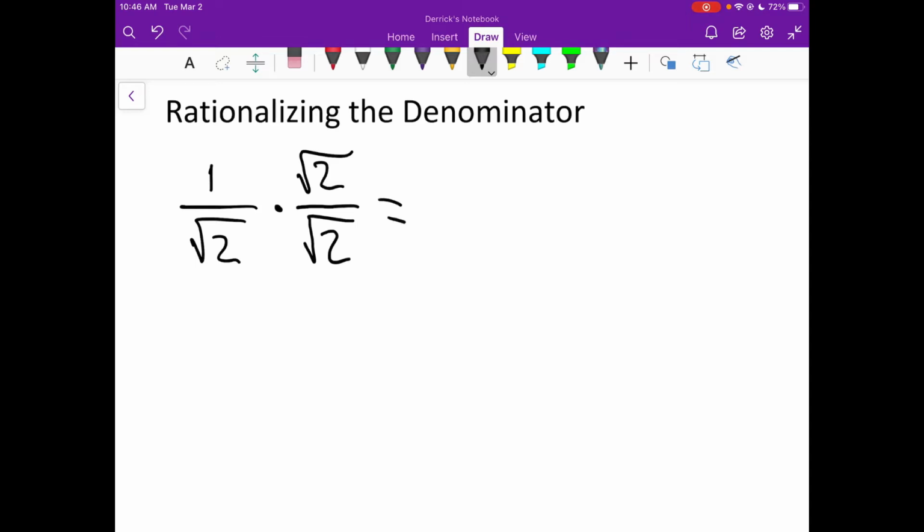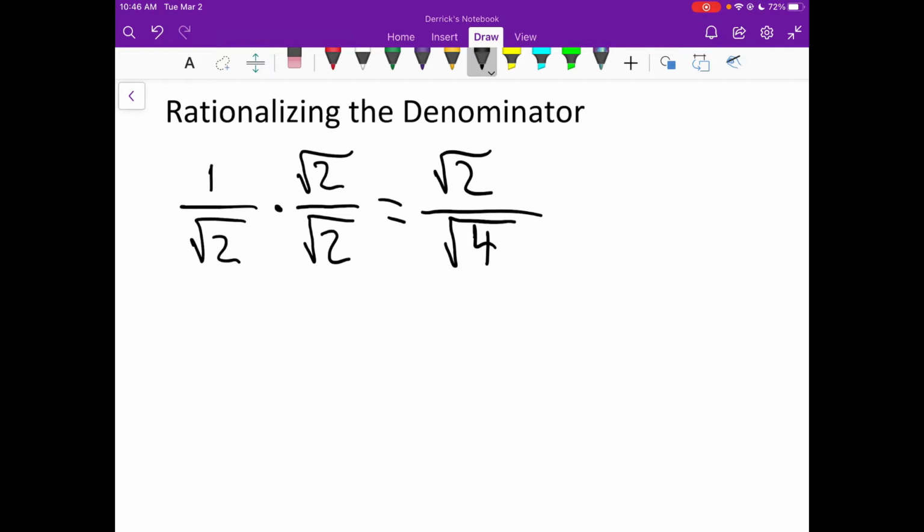So if we do this multiplication, in our numerator, 1 times the square root of 2 would be the square root of 2. In our denominator, remember from our earlier video talking about properties of radicals, if we are taking the square root of 2 times the square root of 2, the product property of radicals says that since they are both the same type of root, since they're both square roots, we can multiply them together into one large radical, meaning 2 times 2 would give us the square root of 4.